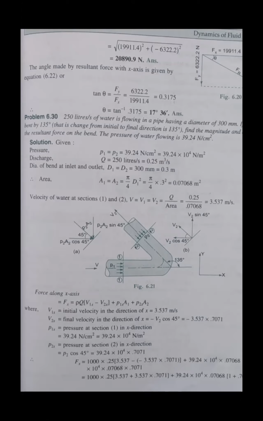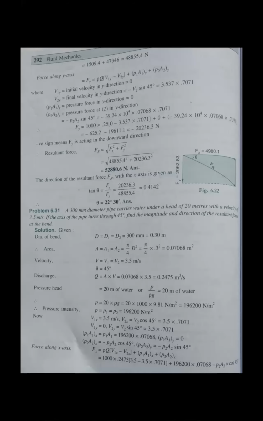Similarly, Fy. See here, what I am telling you is, similarly, to find Fy, the net force acting in the y direction, for example, I want to resolve P1 A1 in the y direction.